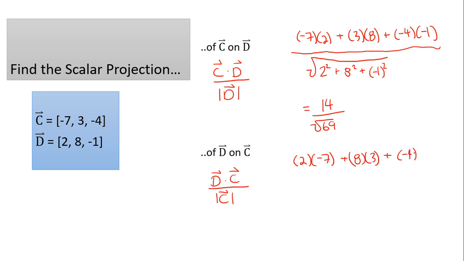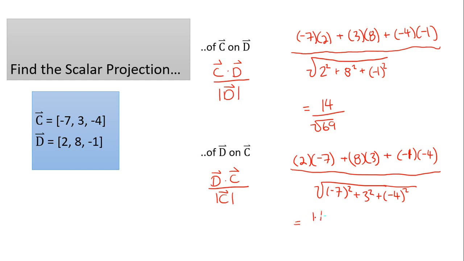Minus 1, that's a 1, times negative 4, and then it's going to be over the magnitude of vector C, negative 7 squared, and when you do that math, you still get 14. So for the dot product, it doesn't matter if you do C dot D or D dot C, you're going to get the same value. So there's two scalar projections.